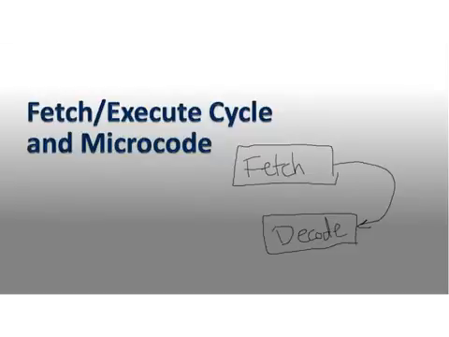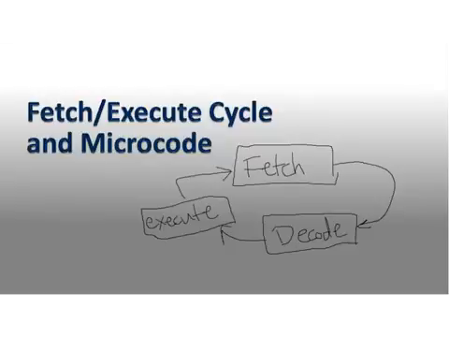We get the instruction, and then we need to analyze what it is. After the computer analyzes what the instruction is, it will just do execution. It will execute the instruction. Right, so this is the broad picture of this cycle.